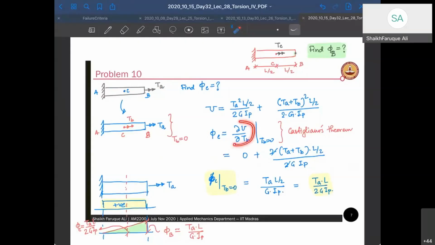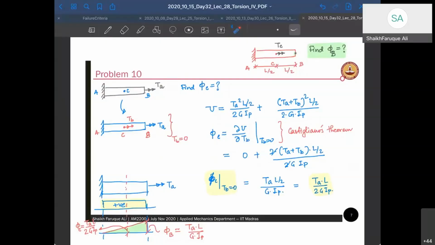What it tells us is that the twist at any point that you want is the derivative of the total strain energy of the member with respect to the torque at that point. Now, at point C, there was no torque in the beginning of the problem. So what we do, we assume some torque applied there, right?